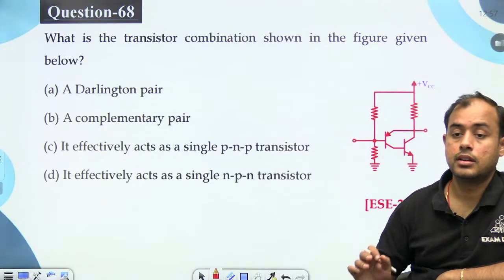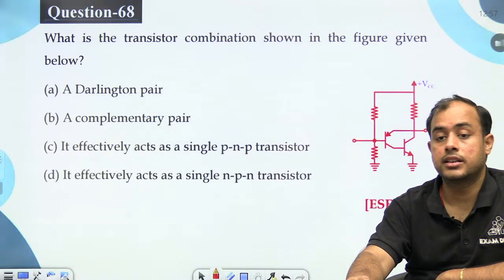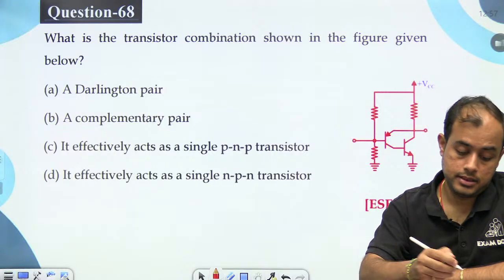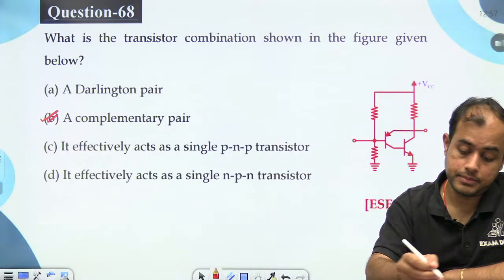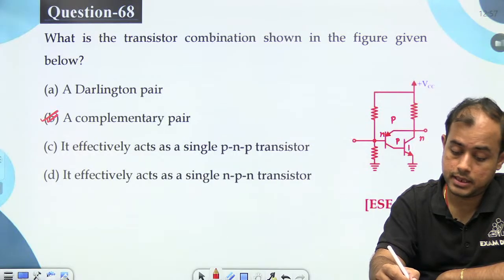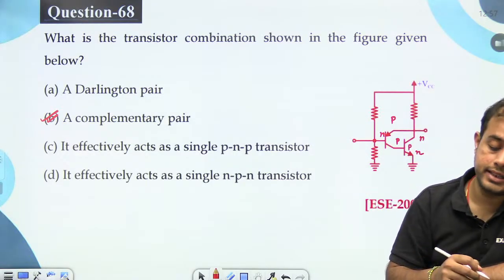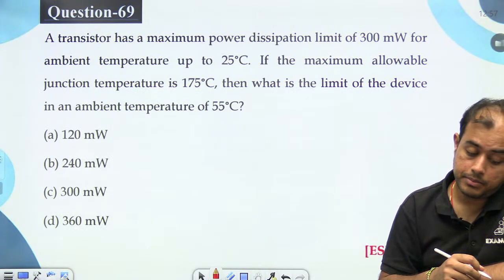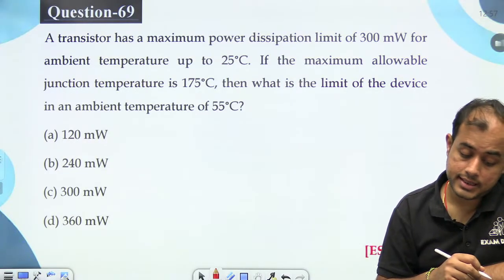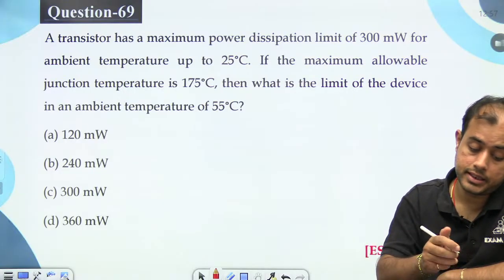बताइए. What is the transistor combination shown in the figure below? ये तो सबको दिख रहा है. Complementary pair, because this is PNP, this is NPN. So this is a complementary pair. Maximum power, ESE 2009. Maximum allowable temperature. What is the limit?